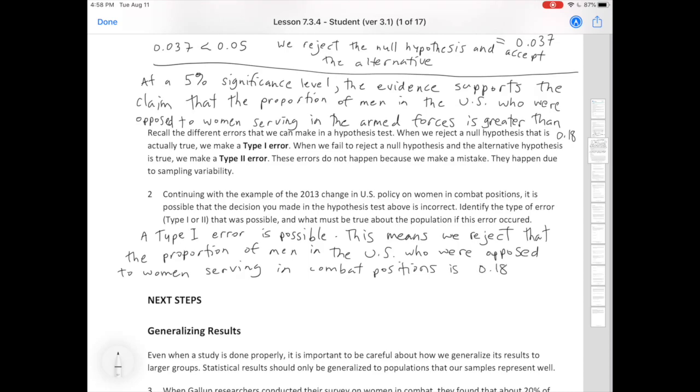So we reject that even though it is true. Okay, so that is what a type 1 error would be. We could not have made a type 2 error because a type 2 error starts with failing to reject the null, and we never did that in this problem, okay? So this could be a type 1 error, not a type 2 error.